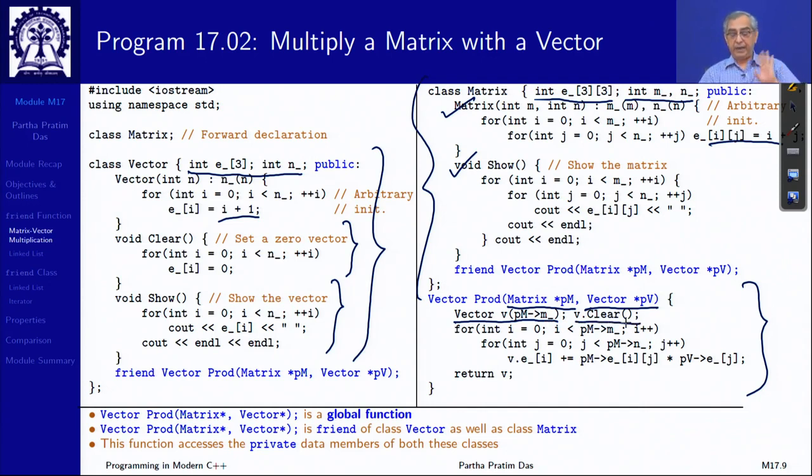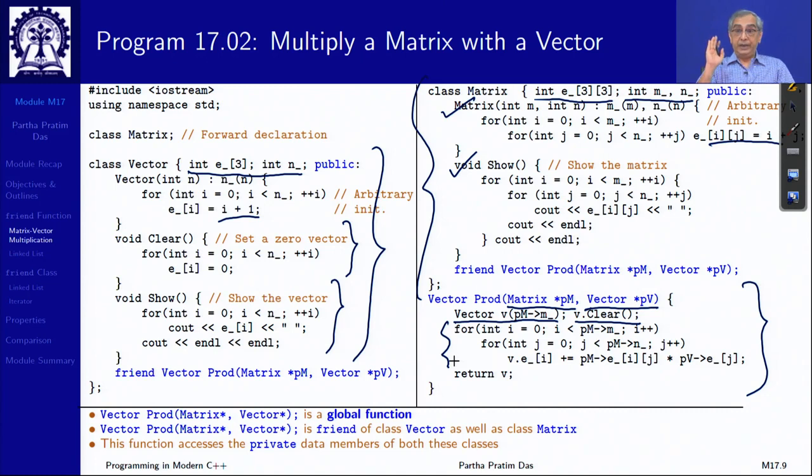So, I clear it, I make it all 0, that is my result vector that I want, right. And this is the code which is easy for you to see, that you go over and you keep on making the component wise multiplication going along the rows, columns, and you can get the v.